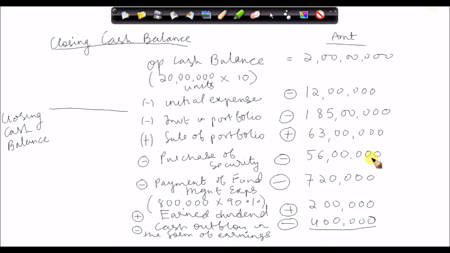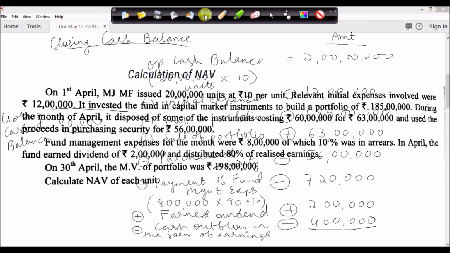Okay, then we have to subtract 56 lakhs, then again we have to subtract 7 lakh 20, then we have to add 2 lakhs, then we have to subtract 4 lakhs. So right now we are having a closing cash balance of 80,000 rupees. Okay, so now what we have done is we have found the closing cash balance.